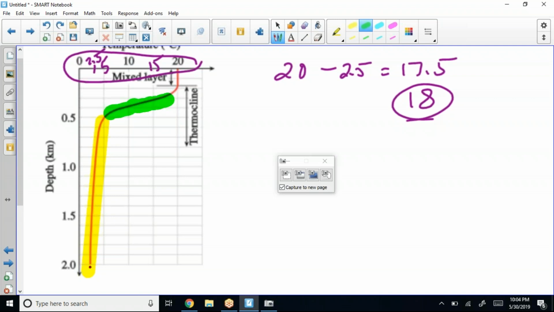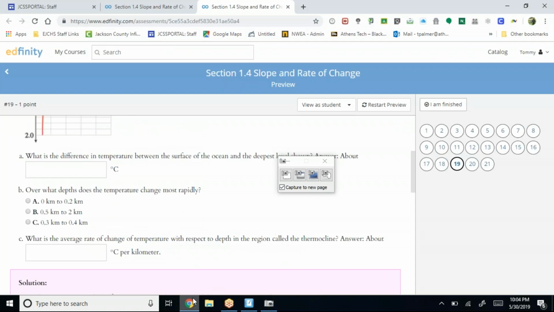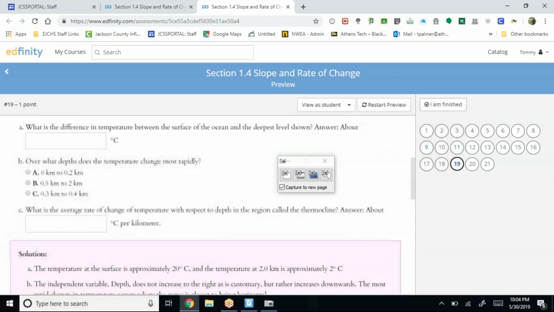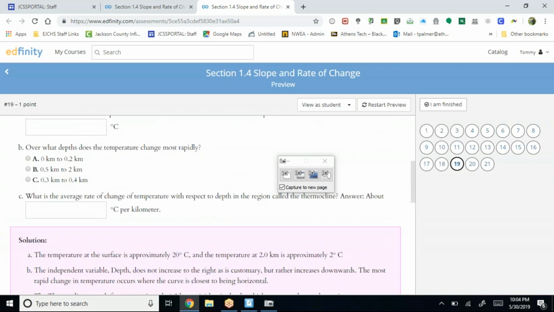This would be another section. And then this would be the last little difference section. Okay, does that make sense? How you're looking at how it is changing? So let me go back and, is it from 0 to 2? Is it from 0.5 to 2? Is it changing most rapidly?